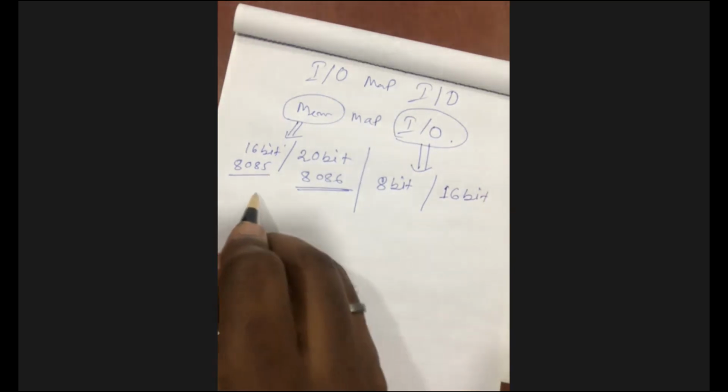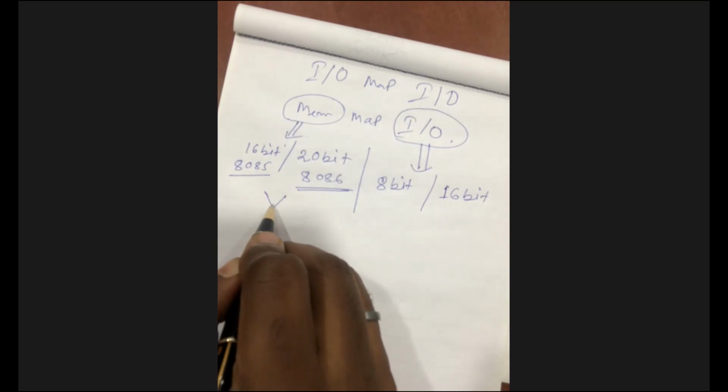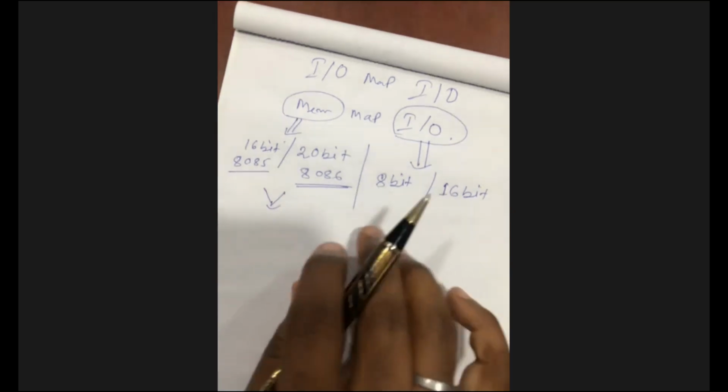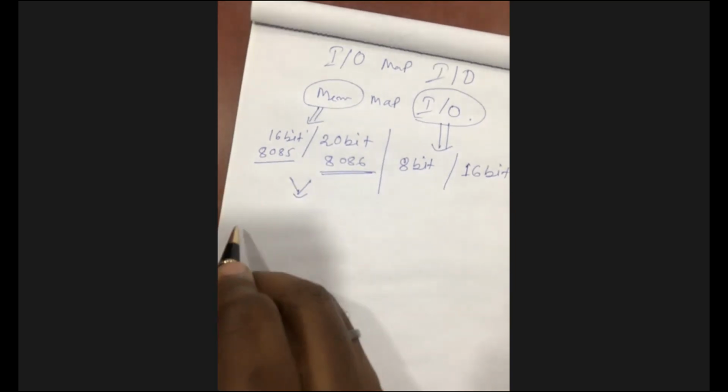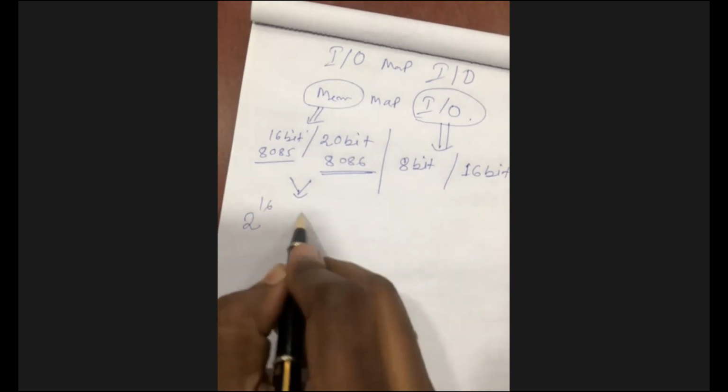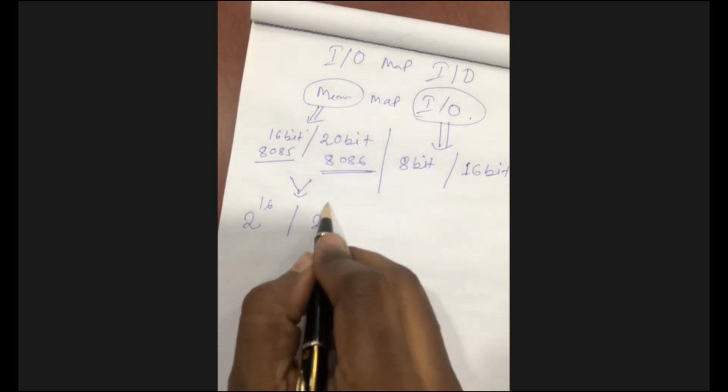So in memory mapped IO, how many devices can you connect? For 8085 it will be 2 to the power 16 devices, and for 8086 it will be 2 to the power 20.